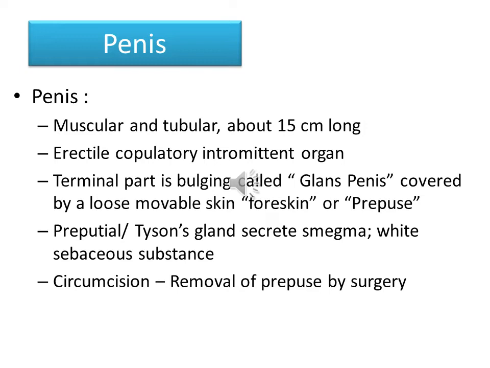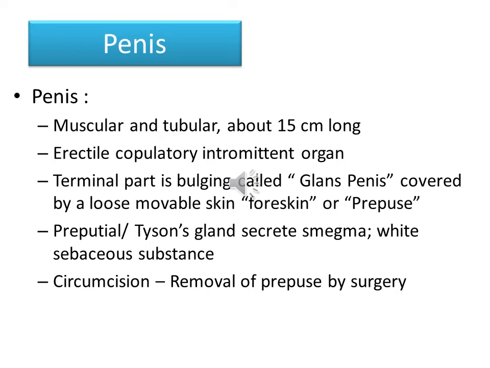It is a muscular and tubular organ about 15 centimeters long. It is an erectile copulatory intromittent organ. It helps in the deposition of sperms. Its terminal part is bulging and is called glans penis, and is covered by loose folds of movable skin known as foreskin or prepuce.